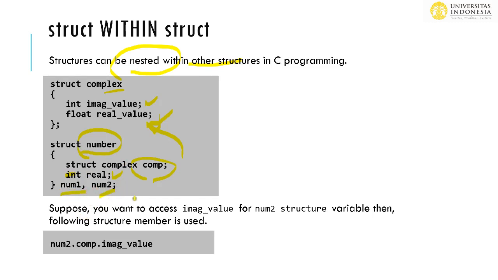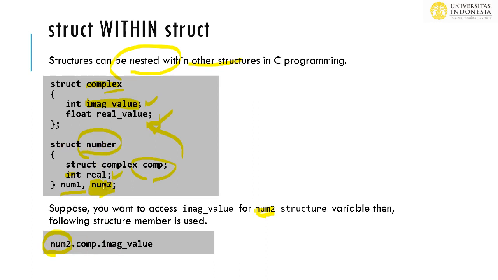Okay, so if you want to access the imaginary value, for example, the first member of the structure complex, for number 2, which is already defined here, you use the dot operator to access it. Just use this statement, right? Num2 is the variable name of the number structure, so it has a structure of number.